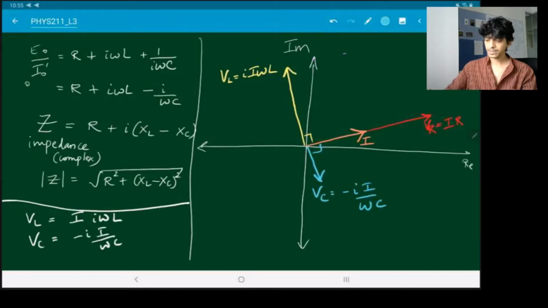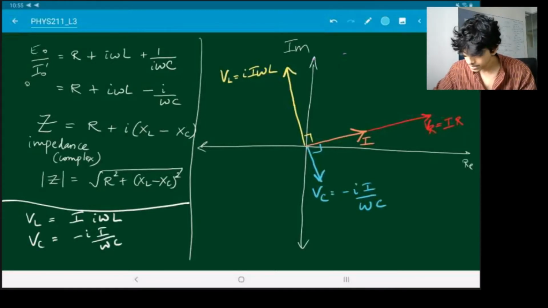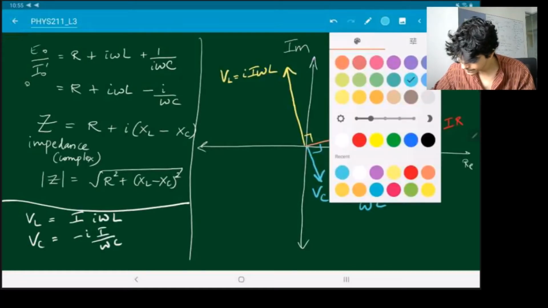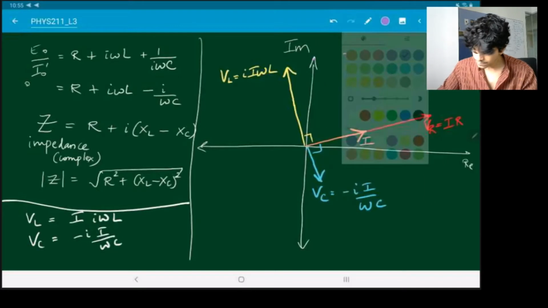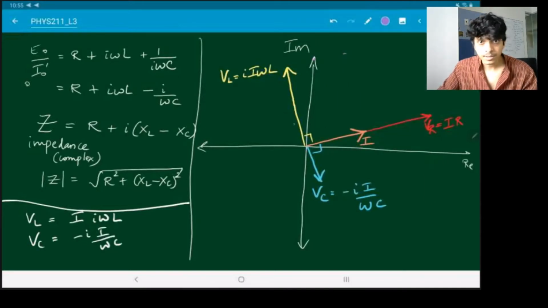So here's VL, here's VC. Now if I want to find the total voltage, I have to take the vector sum of all these three. Let's do that. VL goes this way, VC goes down this way. So the vector sum of these two is probably going to be something like this.